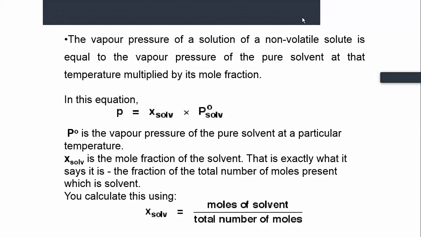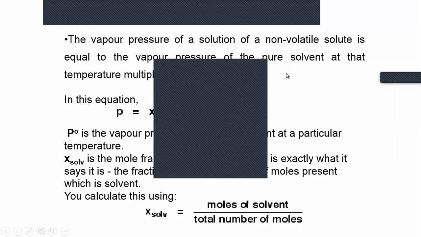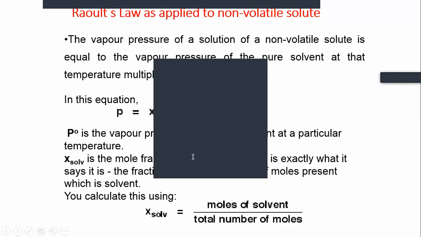Let me see what you people have in the chat. Okay, good. Thank you. It's not volatile, so we are considering it as a non-volatile solute. This is the equation we use for our calculation.